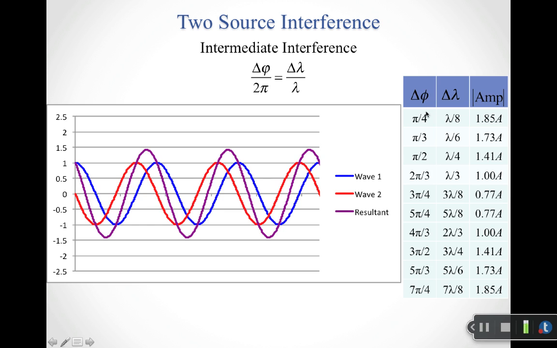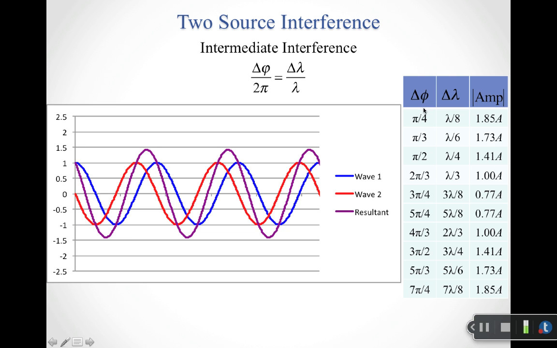And again, when we think about the phase difference first, I know that with a phase difference of 0, they're going to be perfectly aligned and my amplitude will be 2. I know that at a phase difference of 2 pi, they'll be perfectly aligned again and my amplitude will be 2. At a phase difference of pi, I know that they'll perfectly cancel out.